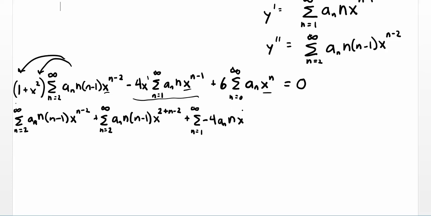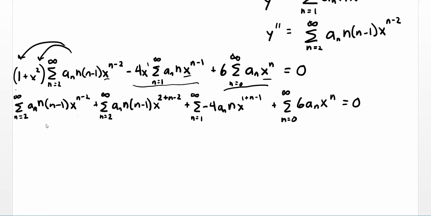That becomes x to the 1 plus n minus 1. And then our last series here, we'll just push the 6 inside. So this is good. We'll clean this up a bit more.